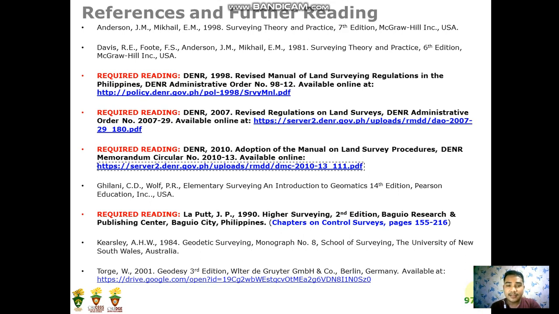I will give the instructions later, but please read in advance about these three manuals in geodetic surveying, because this is the Bible of geodetic engineering.